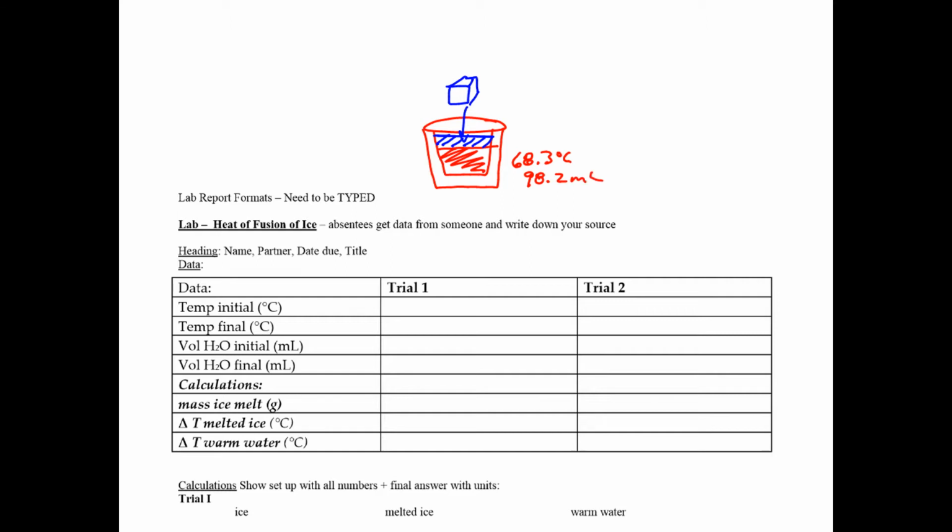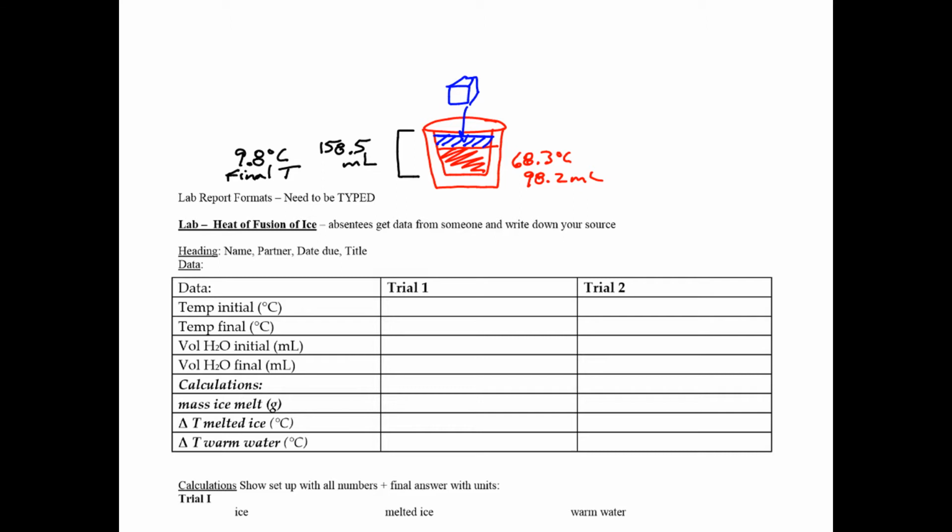Then at the end, you measured the total water, and the total water, let's say, was 158.5 milliliters. And let's say that the final temperature of the whole thing was 9.8 degrees Celsius. That was the final temperature.